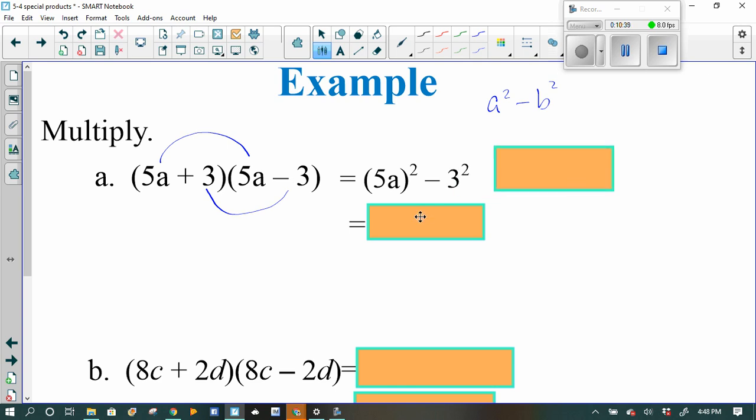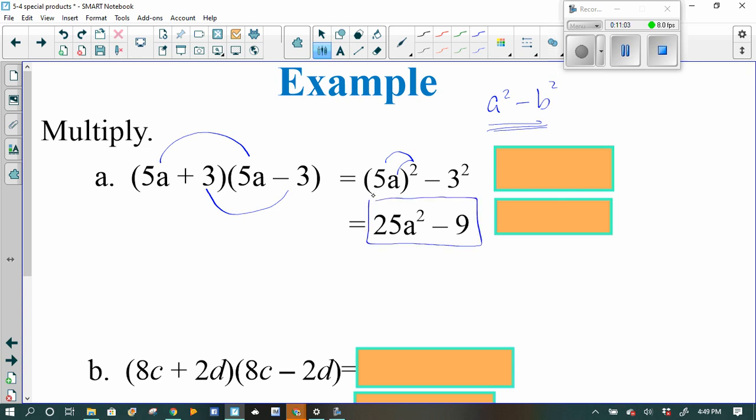So we distribute that. That would be 25a squared minus 9, because 3 squared is 9. As long as you follow this rule, you're done, because the middle terms are going to cancel out.